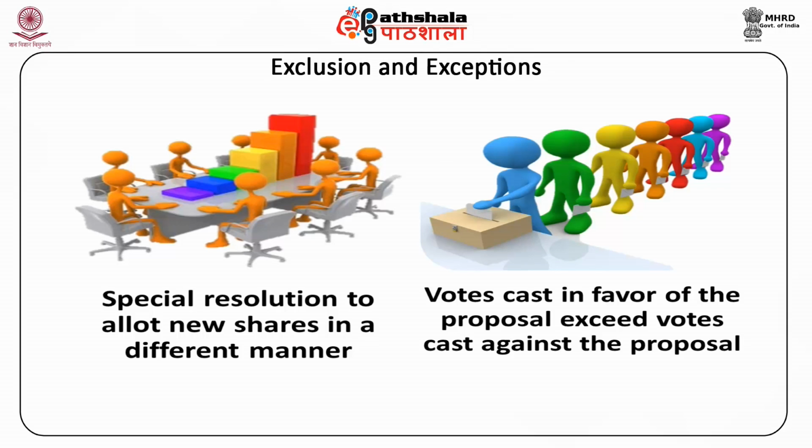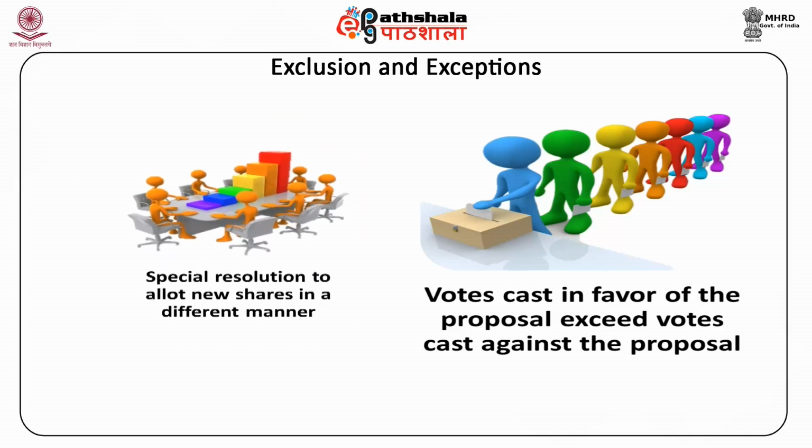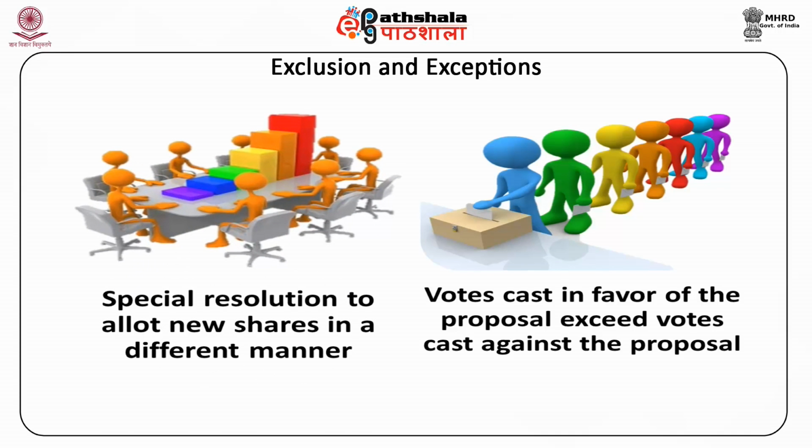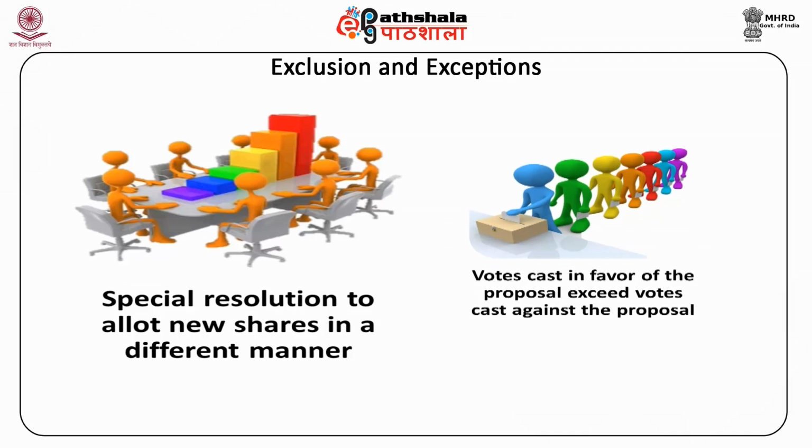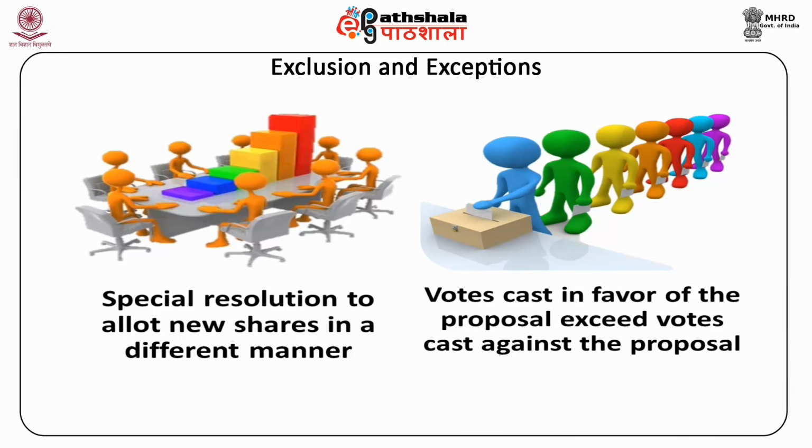These two cases are: first, when the company, by passing a special resolution, decides to allot new shares in a different manner, or second, where no special resolution is passed but votes cast in favor of the proposal contained in the resolution exceed votes cast against the proposal, and the board of directors obtain the approval of central government to offer shares to outsiders.